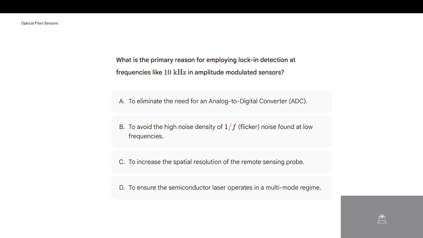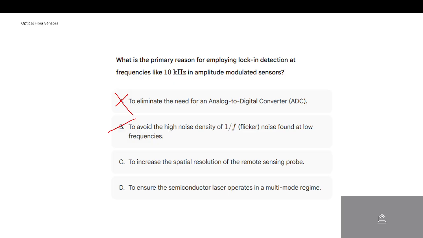So here, option A says to eliminate the need for an analog to digital converter. That is not correct, nothing is related to ADC. Second, to avoid the high noise density of 1/f flicker noise found at low frequency. That is correct.